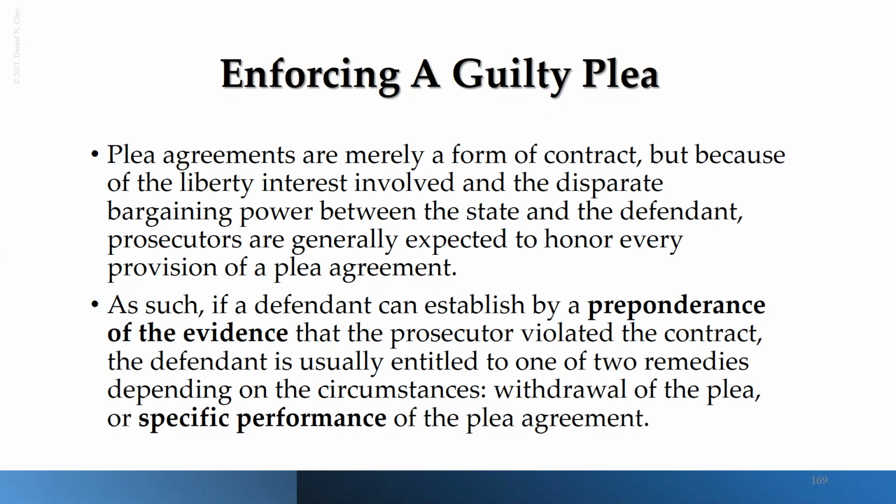So if you've agreed to reduce the charge from first-degree murder to second-degree murder and you don't do it, generally speaking, we're going to force you to do it, right? Because we have it written down. You file it with a court, and then you don't do it, we're going to force you to. So again, in plea bargaining, the court is going to be very, very forceful when it comes to the prosecution.